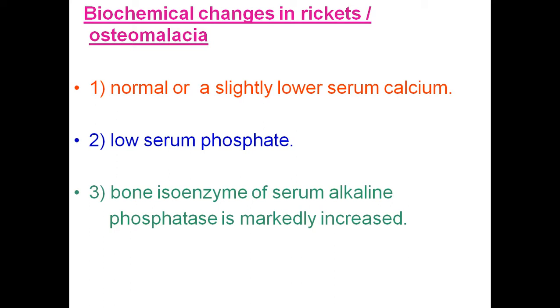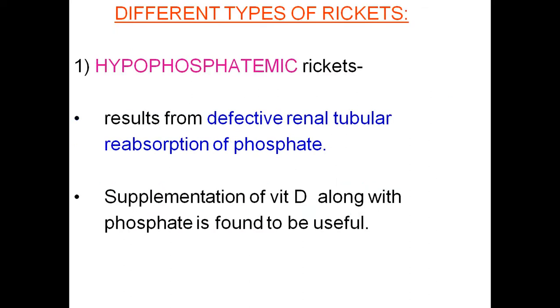The bone isoenzyme of serum alkaline phosphatase is markedly increased. ALP levels in rickets and osteomalacia are increased.